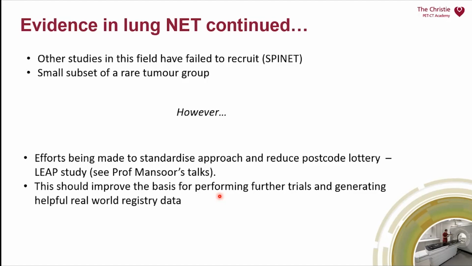Each time a patient has a particular treatment, all the information about that treatment is entered as it is generated into a registry, and once enough information is collected to look back at it and to see how much success there's been, then you can generate the evidence you need in a different way. So that's something that's quite promising for neuroendocrine tumor and PRRT.